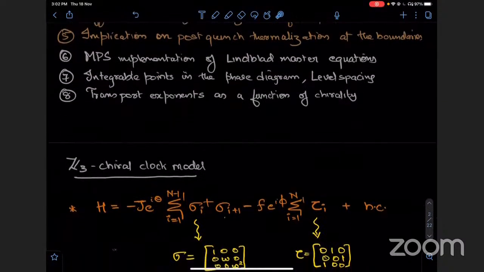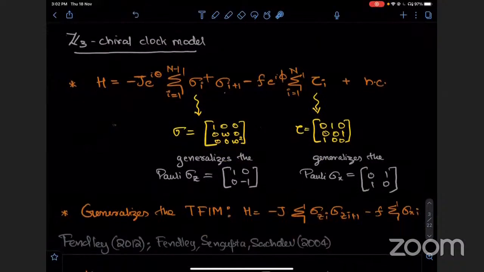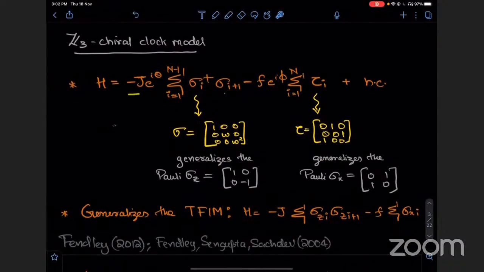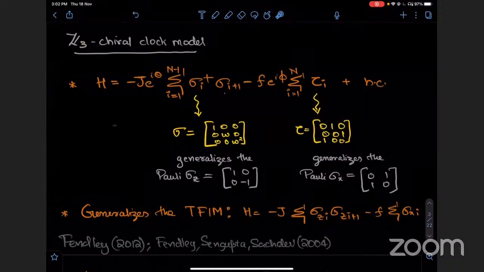Okay, so the Z3 chiral clock model is described by the following Hamiltonian. There's a coupling constant which is complex valued with a phase theta, and a spin-spin coupling term, and a transverse field term. Again, the transverse field is complex valued, and all of these plus their Hermitian conjugates.